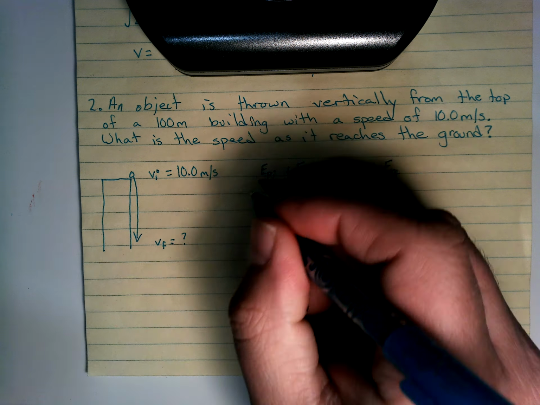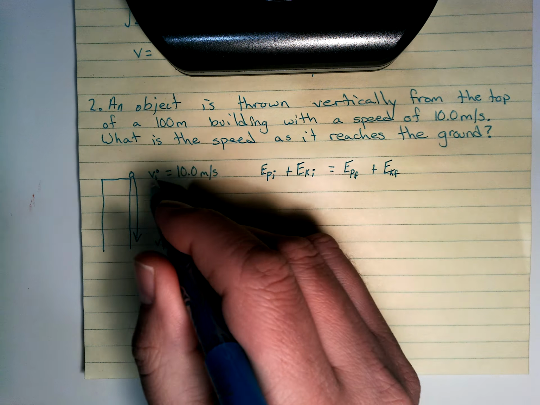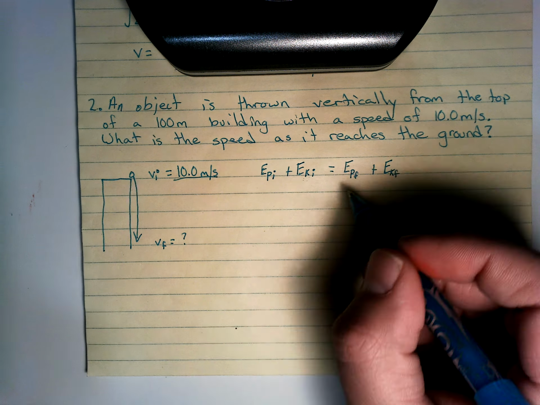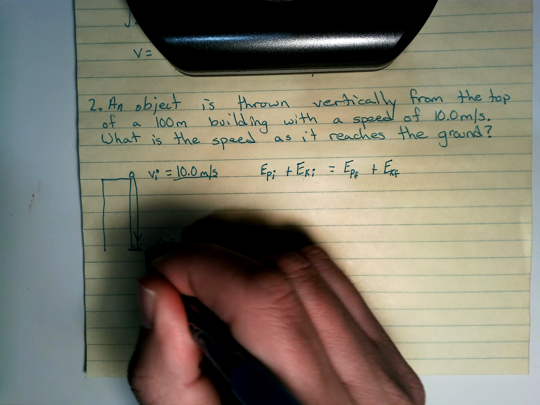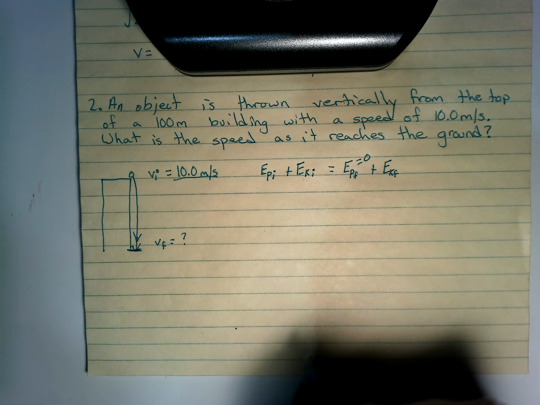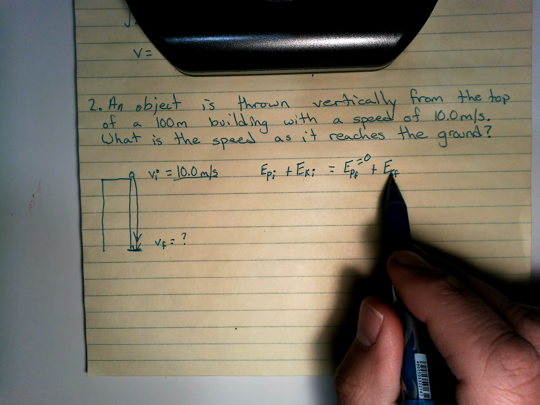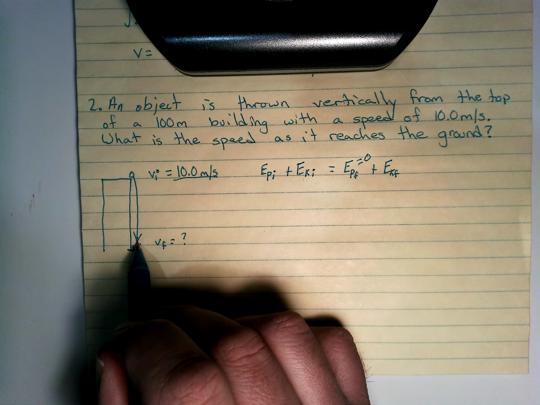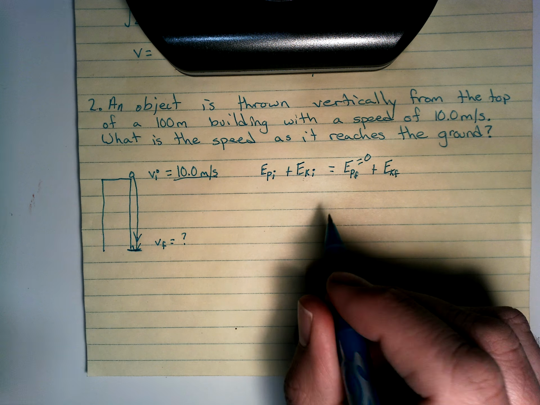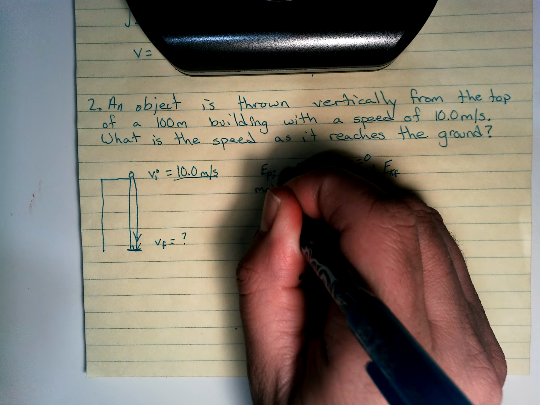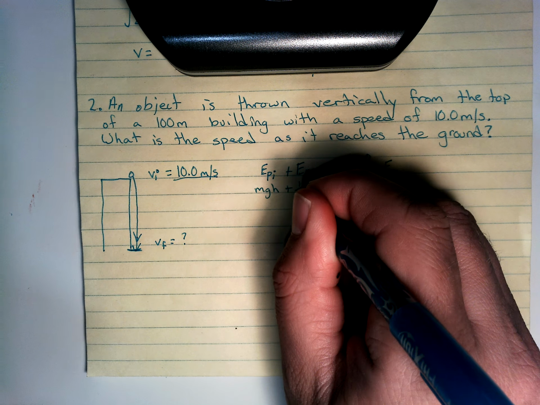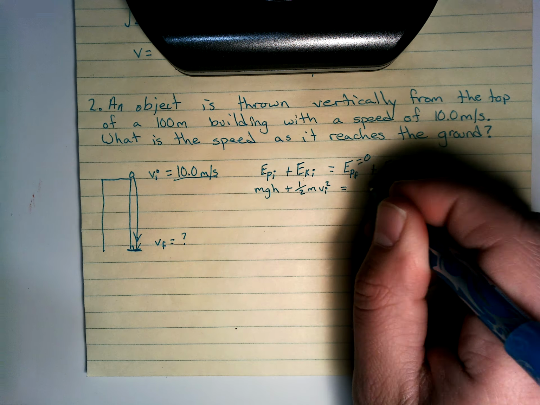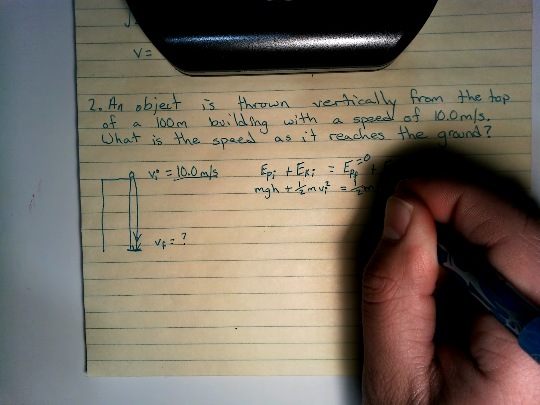We have initial kinetic energy because it's thrown down. When it hits the ground, there is no potential energy, so the final potential energy is equal to 0 and we can get rid of it. Then we have our final kinetic energy, which gives us our final speed. Putting our formulas in: mgh plus 1/2 m vi squared is equal to 1/2 m vf squared.